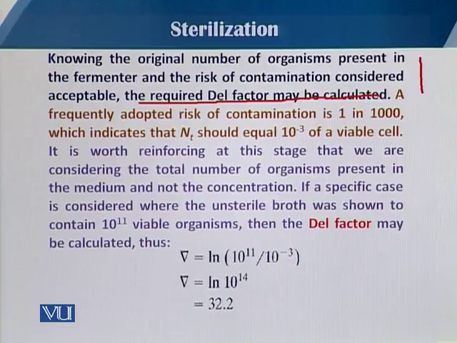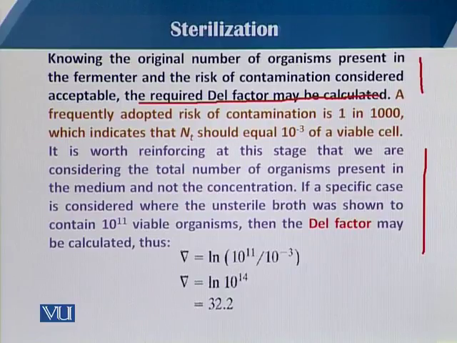It is worth reinforcing at this stage that we are considering the total number of organisms present in the medium and not the concentration of the organism in the medium. As an example, consider a specific case where the unsterile broth was shown to contain 10 raised to power 11 viable cells. Then the del factor may be calculated.